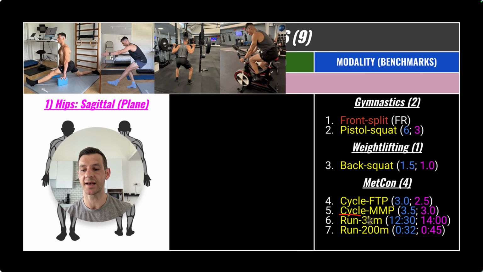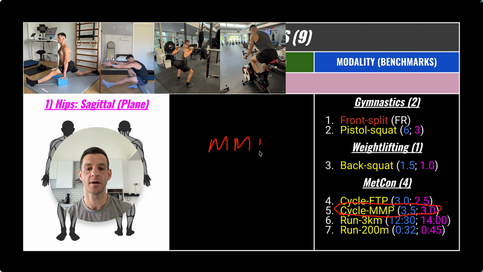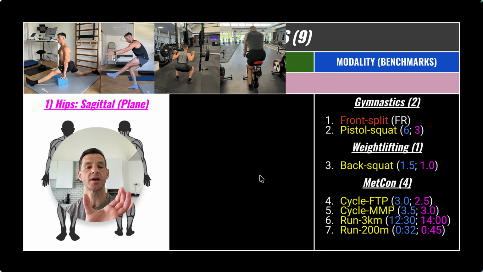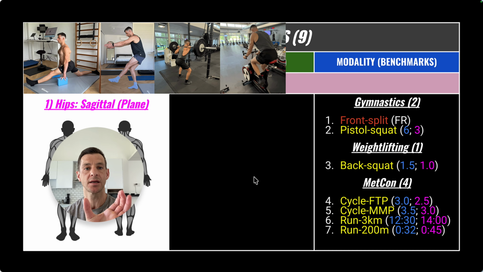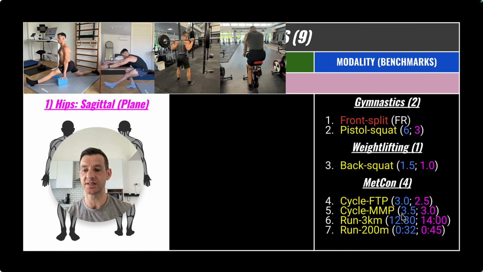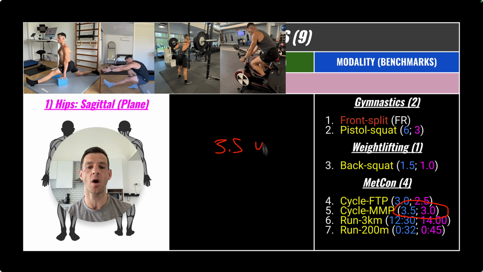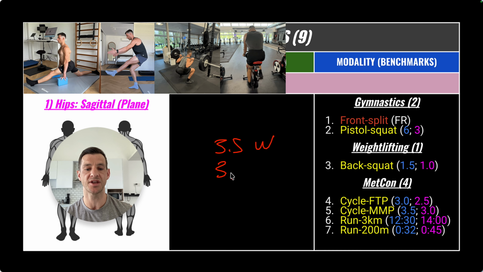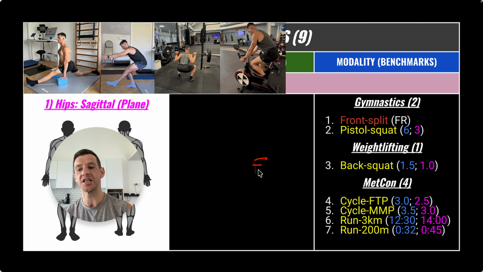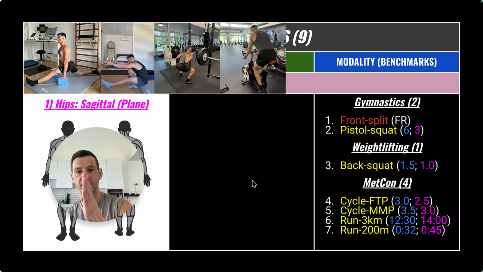Next, cycling MMP. MMP stands for maximum 1 minute power. It's a 3-minute event, and you're trying to see what's the maximum power you can sustain, or what's your highest power output for a single minute. And as you can see, it's not that much higher than your FTP, 3.5 watts if you're male, and 3 watts if you're female. Now, why did I decide on these specific events? I've got one over 20 minutes and another as a 3-minute event.